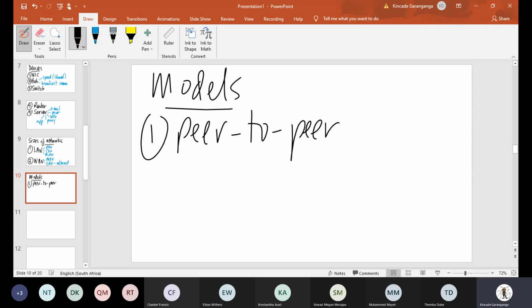Let's call this a peer-to-peer network. It's basically a small network in which individual PCs are connected directly to one another, without the use of servers.